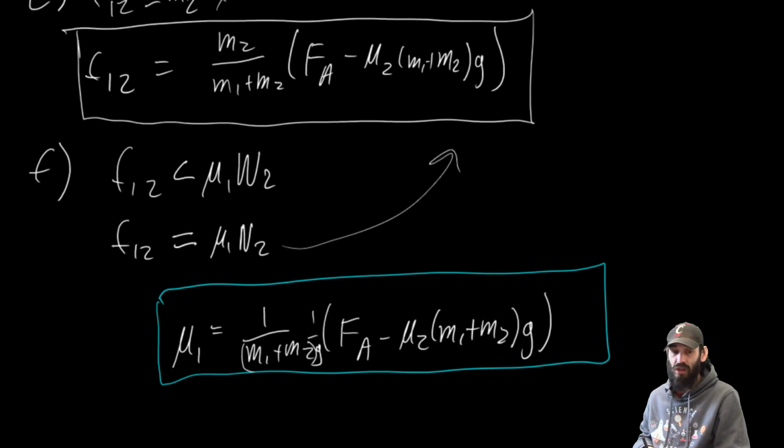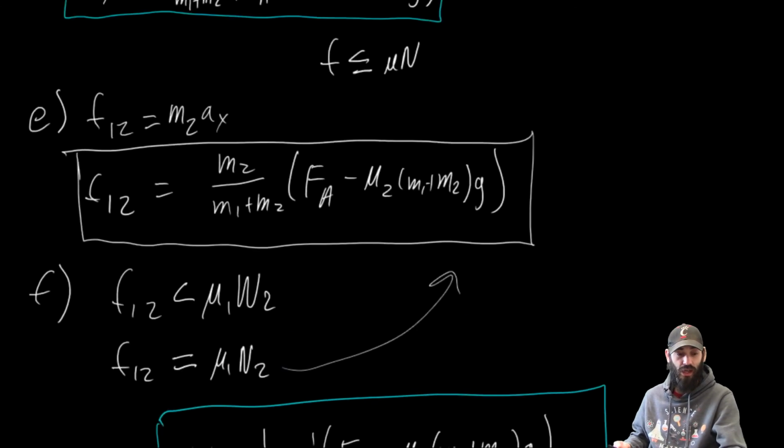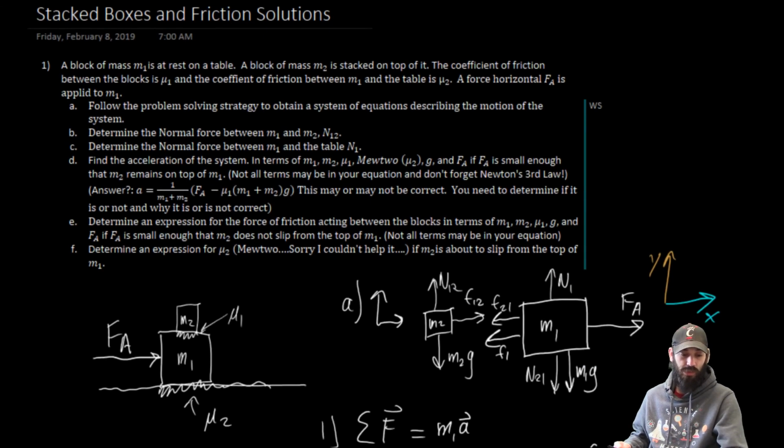Okay. So important takeaways from this: force of friction is not always equal to mu times n. It's equal to mu times n when the object is in motion, and when the object is in motion, the force of friction is taking on its maximum value. But in the case of these blocks, when I'm talking about it being in motion, I'm talking about relative motion, right? So m2 is stacked on top of m1, and if it's not moving relative to m1, so it stays on top of it, that means the force of friction is at or below its maximum value.